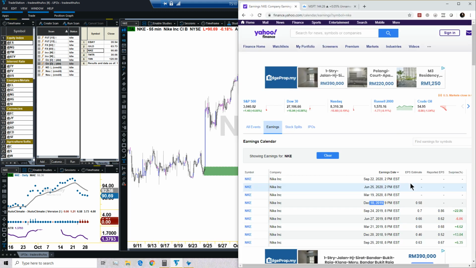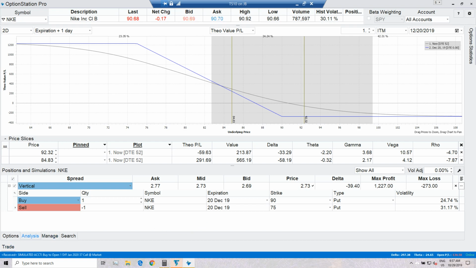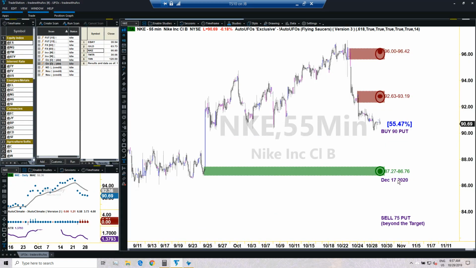Let me double check that again. Earnings is December 18. The option chain is December 20. Yeah, so I did it right at the beginning. It's December 20, 2020. Earnings are happening prior to that date.